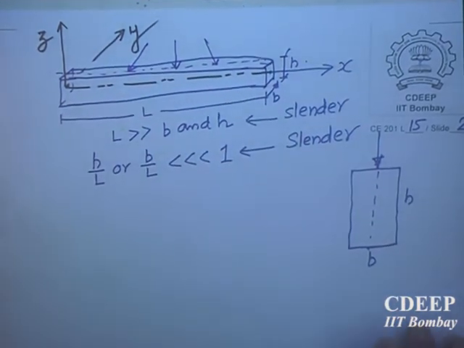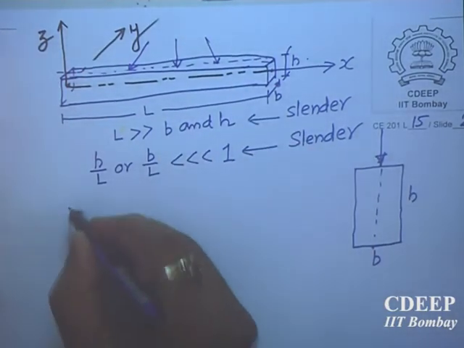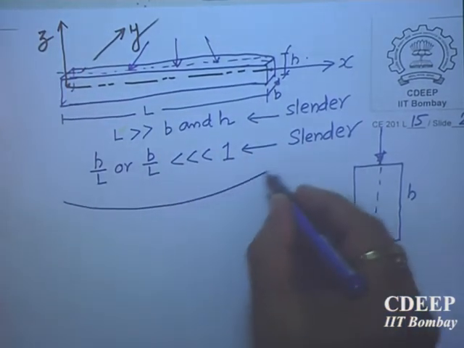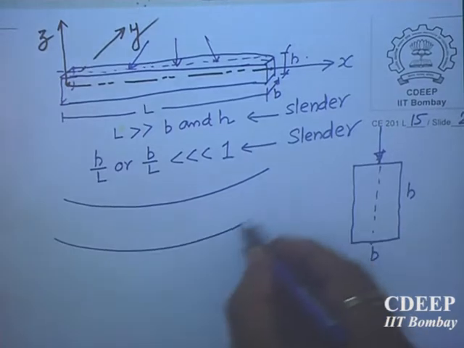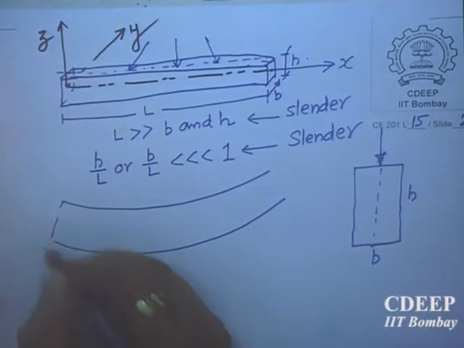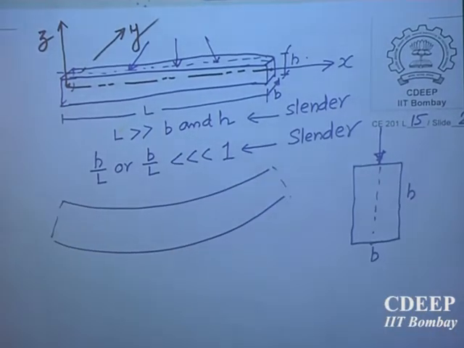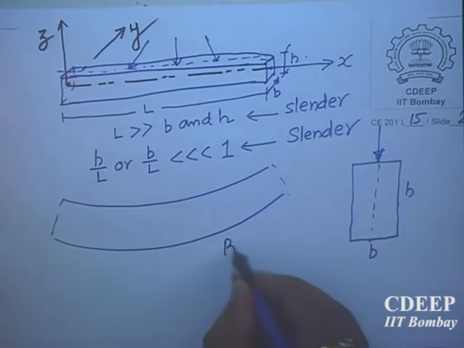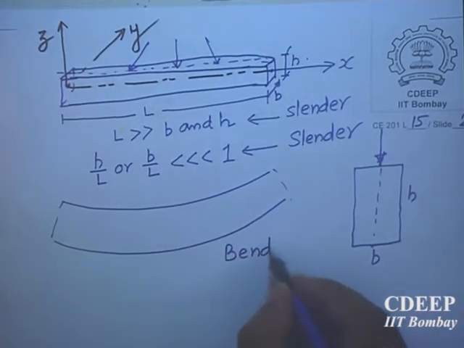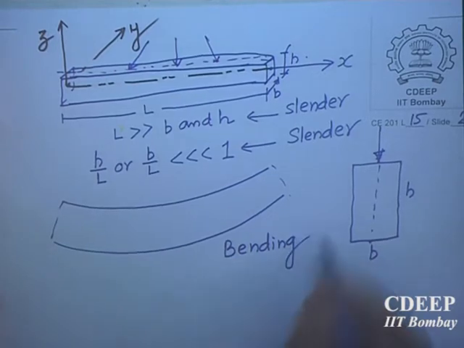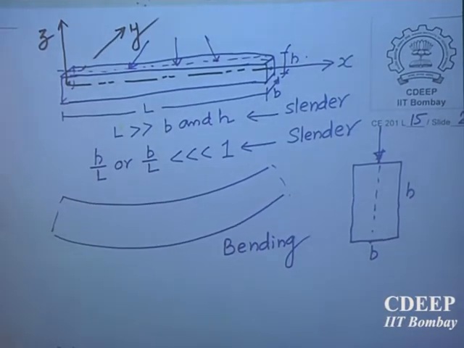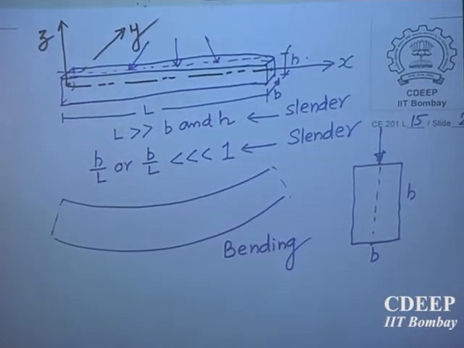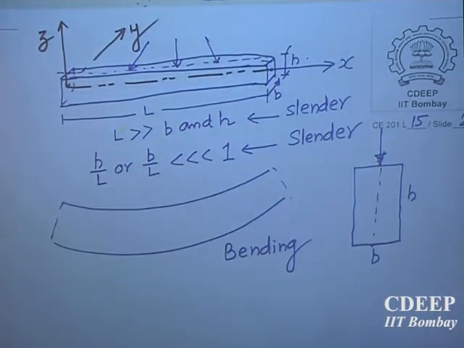So what happens to this? Obviously this will get bent. So we call this bending. So the beam bends. This member is called a beam, if it is supported, because this is general, I have not yet supported.